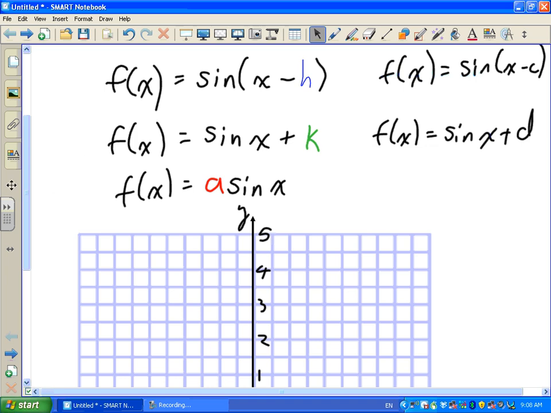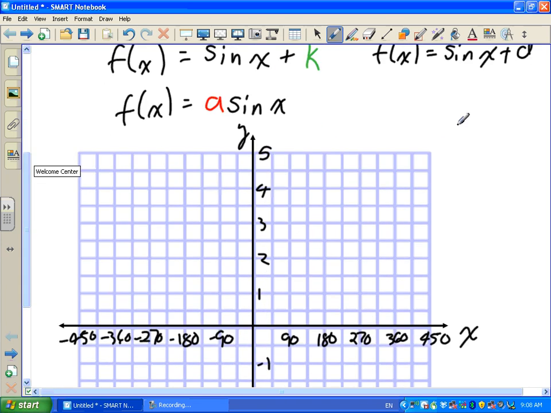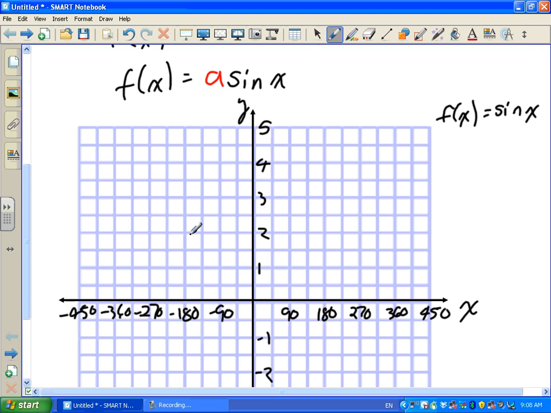So, what you guys were to have drawn yesterday, if you guys remember, I asked you for the sine function, sine of x. Okay? So you're to draw that entire wave. If you guys remember the key points, we had 0 and 0, 1 and 90, 0 and 180, negative 1, 270, 0 and 360.